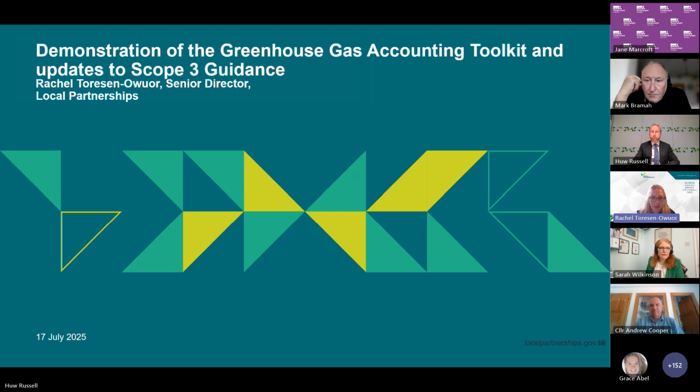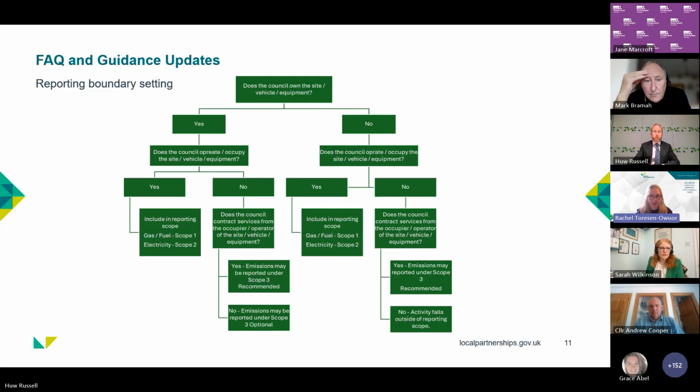So what I will start with is just a quick overview of what has been updated in the guidance. So we can flash that up on the screen now. Hugh mentioned that we have our mailbox, the Greenhouse Gas Accounting mailbox, and I'm really pleased to say that it is really well used, and it's really important for us to have an ongoing dialogue with you around the tools that we've collaborated with the LGA and CCS to develop and to keep updated year after year in terms of what you need.